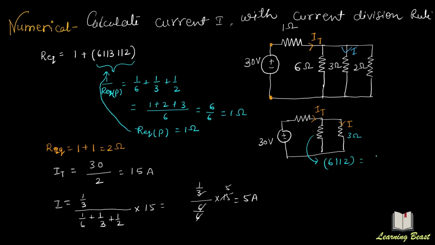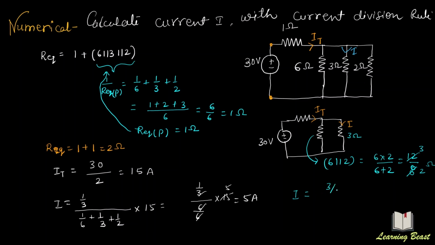So this will be solved: 6 into 2 divided by 6 plus 2. So this will be 12 by 8. So 3 times and this will be 2 times. So 3 by 2. Now you have to calculate the value of I. So I is equal to the resistance which is in parallel.